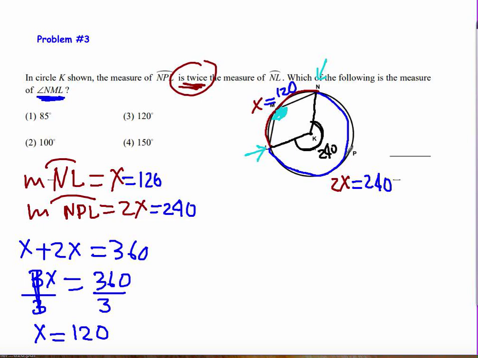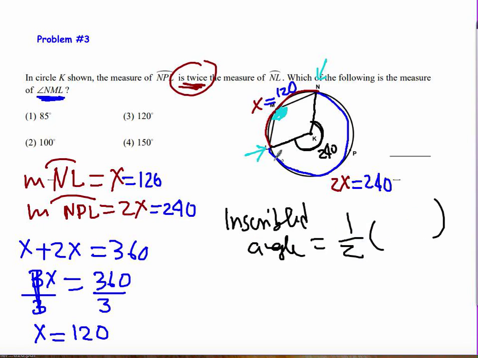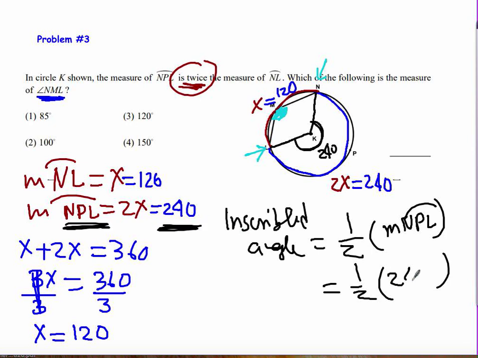Now, if this is 240, we know that the equation says the inscribed angle will be 1/2 of the central angle, or 1/2 of this major arc, which is major arc NPL. And we know that NPL is 240, so it's 1/2 of 240, which is 120.